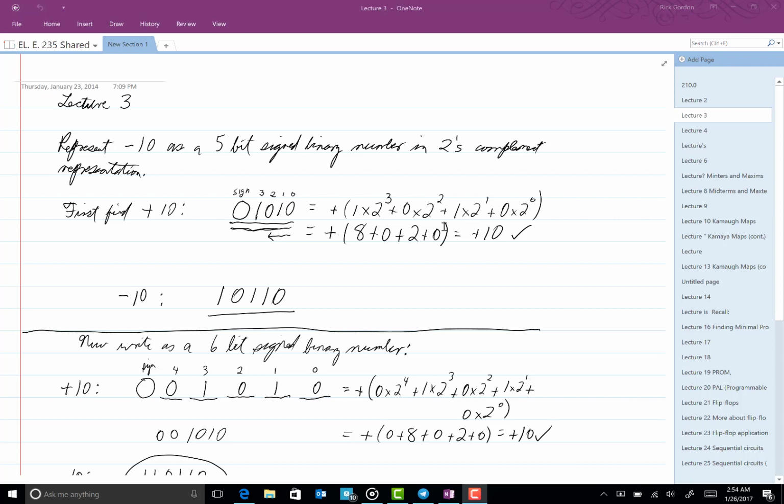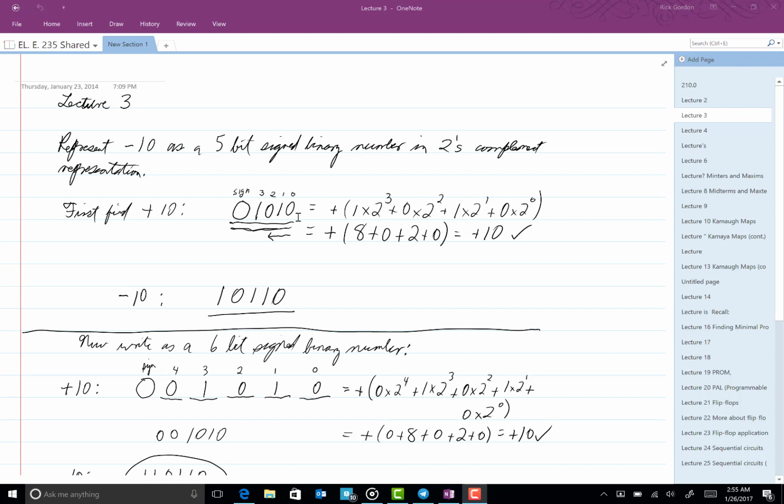And now that we know that this is indeed the 5-bit signed binary number representing positive 10, then we can get the 5-bit signed binary number in 2's complement representation representing negative 10 by simply taking the 2's complement of this number. And there are different ways we've talked about getting the 2's complement.